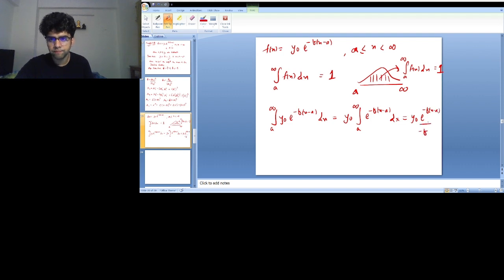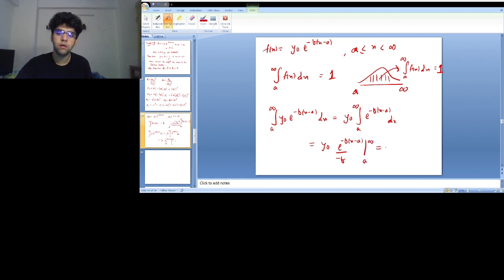Now integrating this term gives me e to the power minus b(x minus a) upon minus b, and my limits are a to infinity, right?